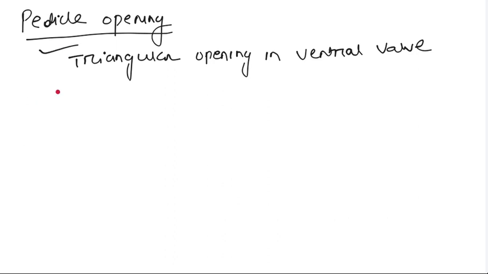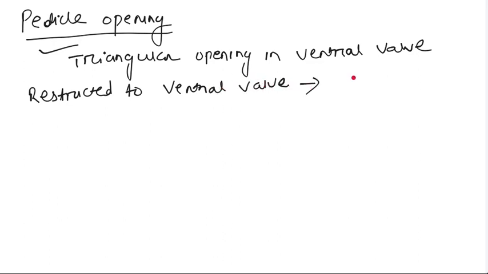It may be completely restricted to the ventral valve. When it is completely restricted to the ventral valve, it is called a foramen. And sometimes it is shared by both valves.